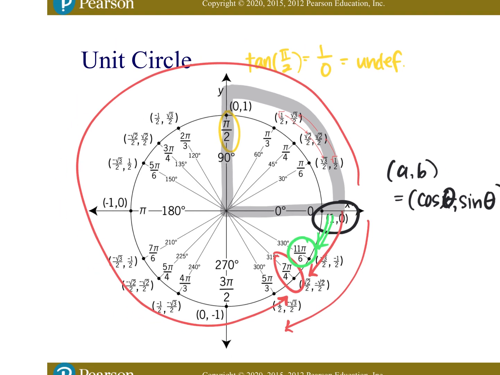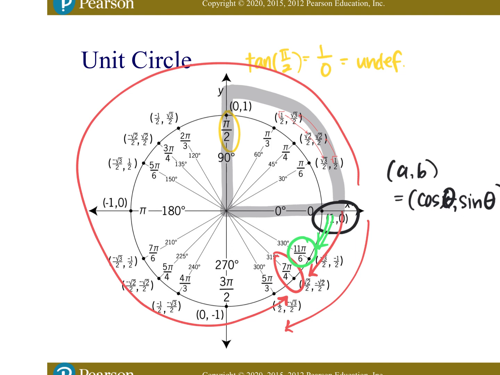Okay, the reason is, if you remember from last week, an inverse function has to pass what test? What does a regular function have to pass? Vertical line test. What does an inverse function have to pass? The horizontal line test. What's wrong with the sine function? It totally fails the horizontal line test.